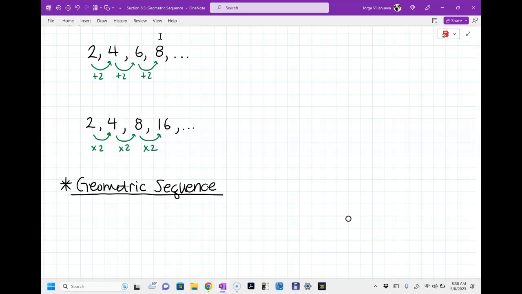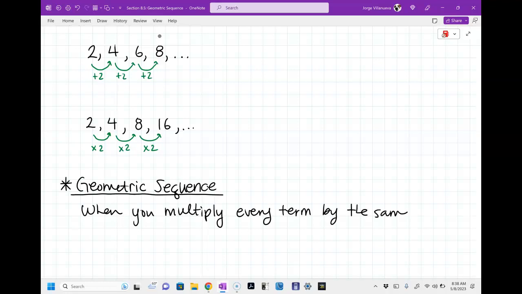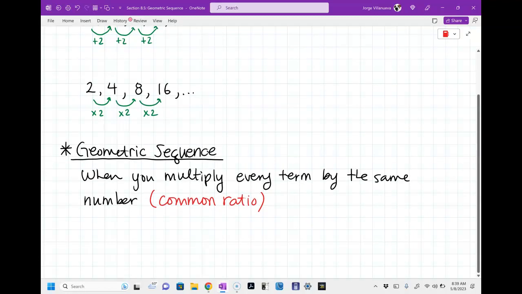Now we might multiply by fractions, which is going to look like division, but when you multiply every term by the same number, okay, that's called the common ratio, and we actually call that the letter R. So when you multiply every term by the same number, that's a geometric sequence.